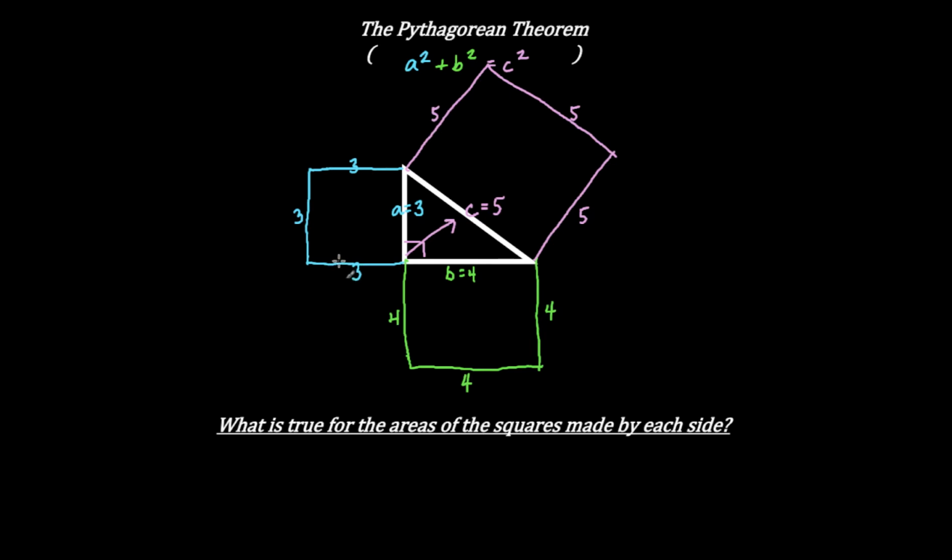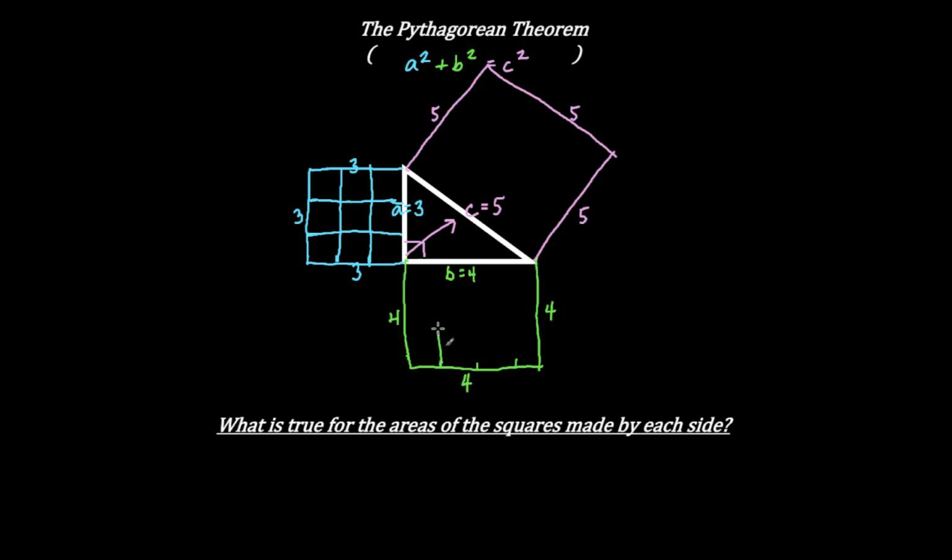I'm going to show you something. So 3 means it's 3 units long, right? You can see 1, 2, 3. I'm going to do the same thing here. If I do this, we can see the area. The area of this square is 9. Let's do the same thing with the 4.